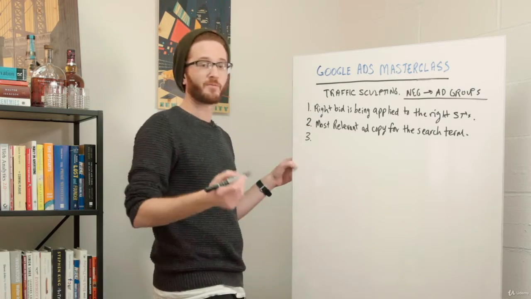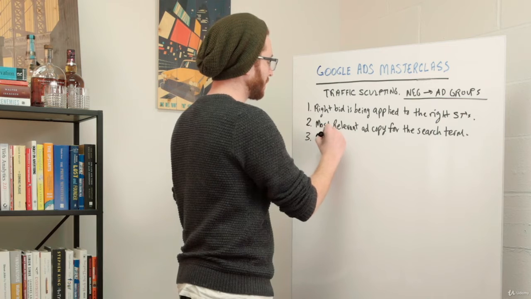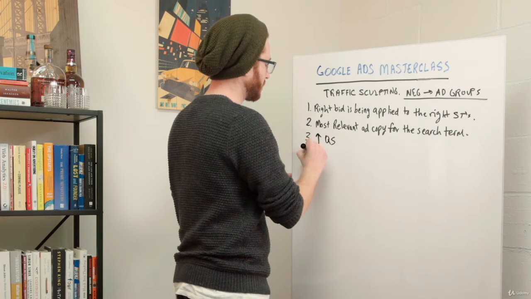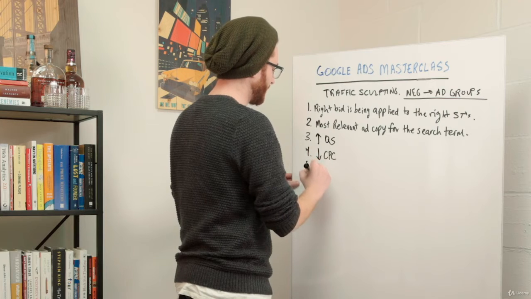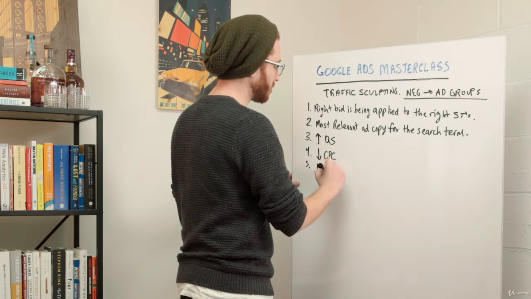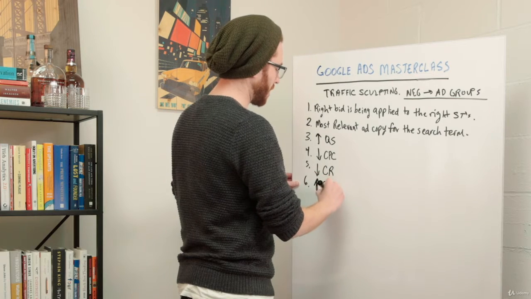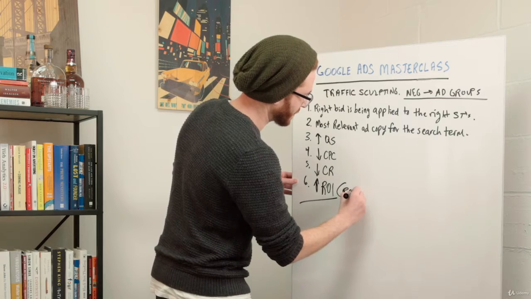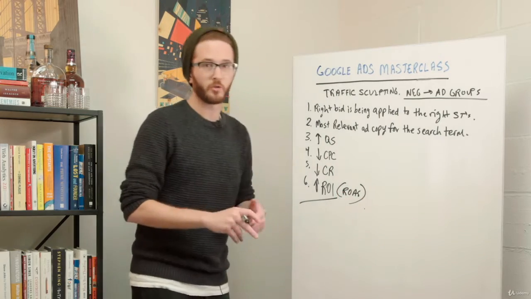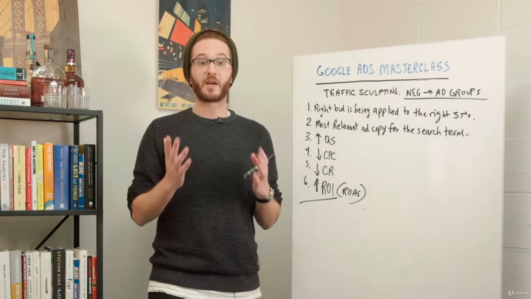Three, when you have the most relevant ad copy for the right search term, you get an increase in quality score, which in turn decreases your CPC, which in turn increases your conversion rate, which in turn increases your ROI. And as you know, ROI, ROAS, return on ad spend, that's the holy grail. That's what we're trying to do. So these are some of the benefits that you get from traffic sculpting.